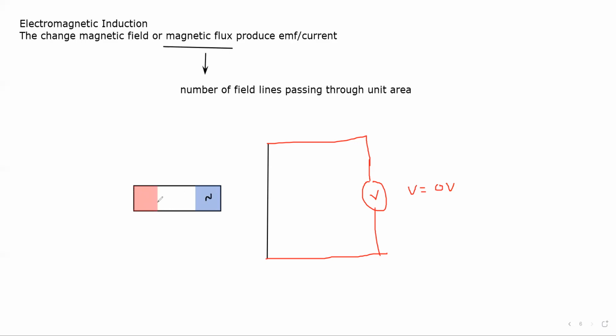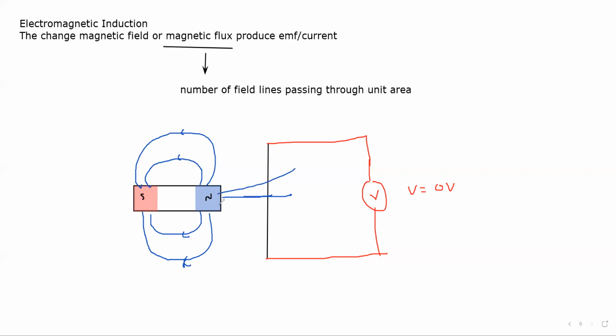So for example, this is the north and south, and when we sketch a magnetic field, the magnetic field is from north to south. These are the magnetic field lines, or the strength of the magnetic field variation.